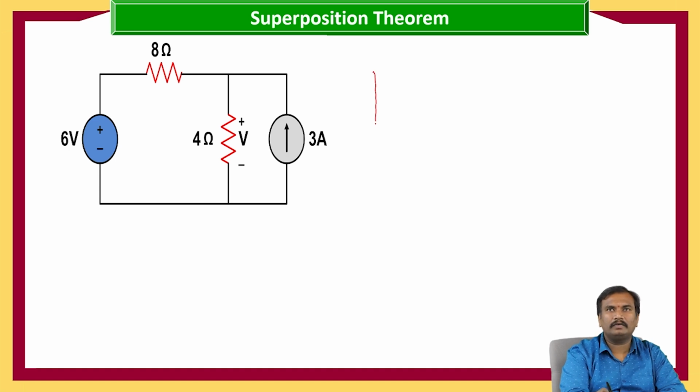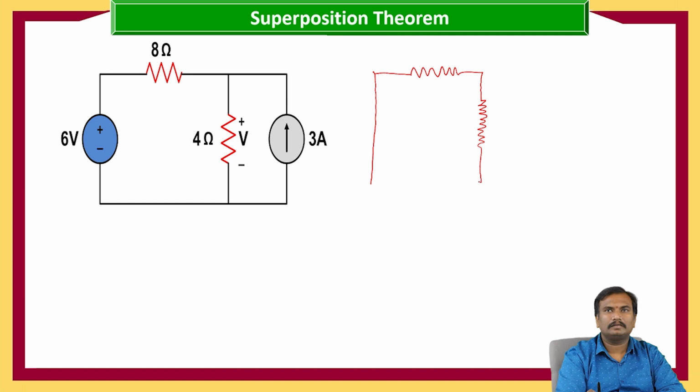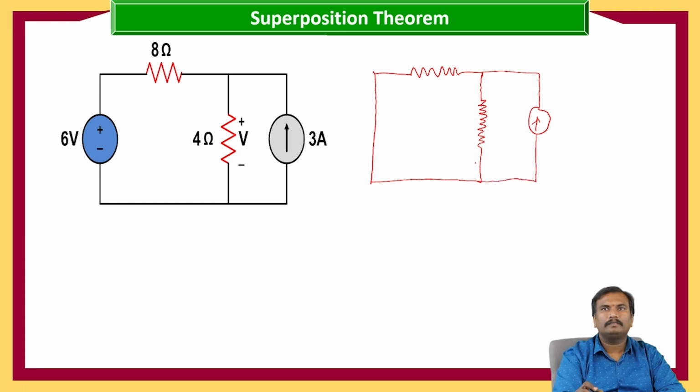Here our circuit will become 3 amperes, 4 ohms and 8 ohms.